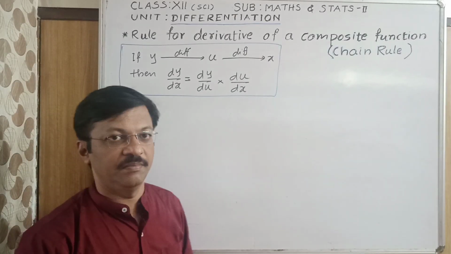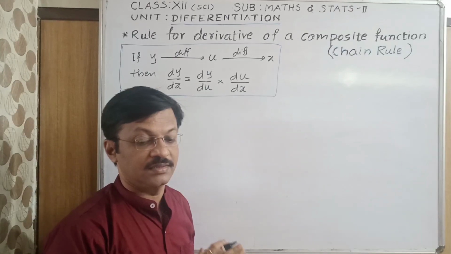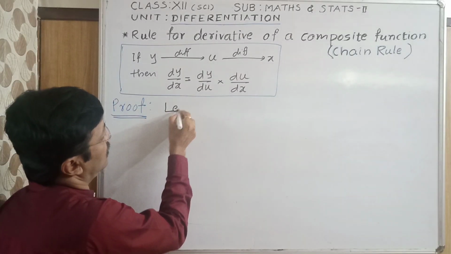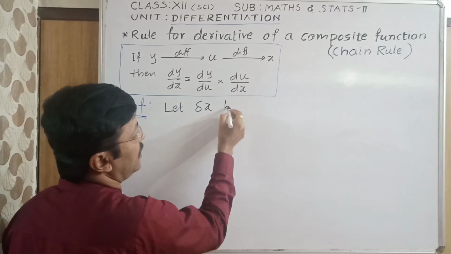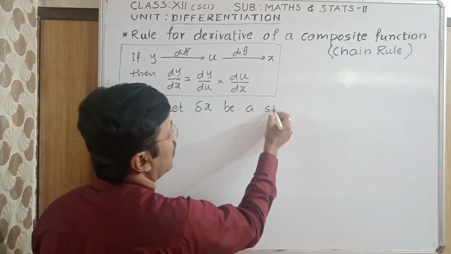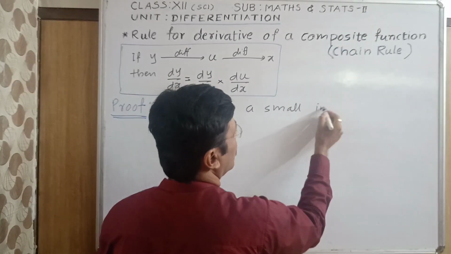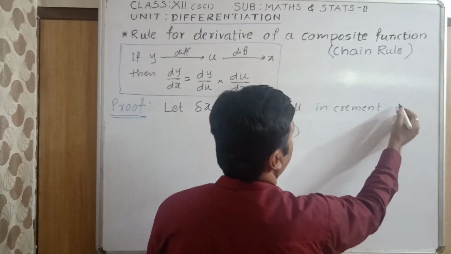You have to remember them, because in the exam this proof can be asked. So let us write the proof. Let delta x be a small increment in x.